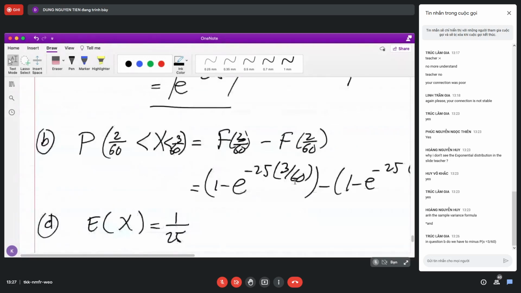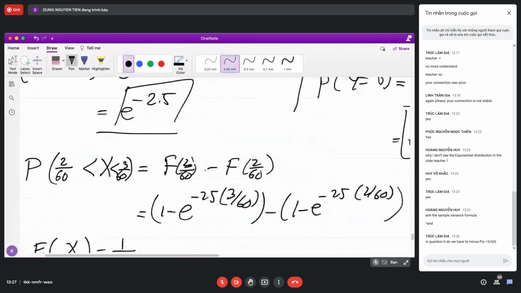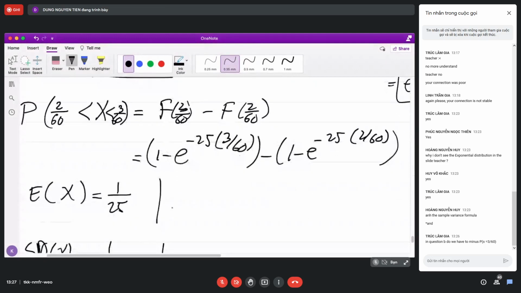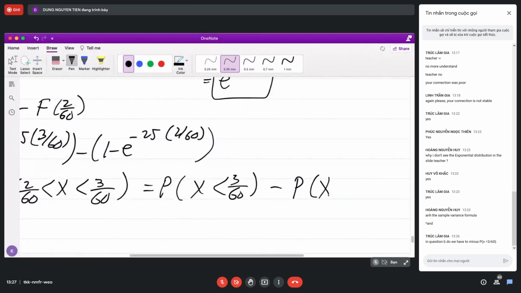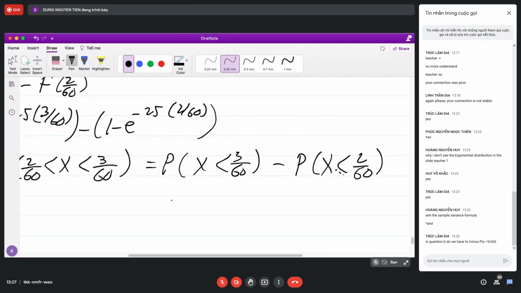Well, in question B, you get the probability that x is greater than 2/60 and less than 3/60. That is the probability that x is less than 3/60 minus the probability that x is less than 2/60. We don't really care about the equal sign here because it is a continuous distribution.